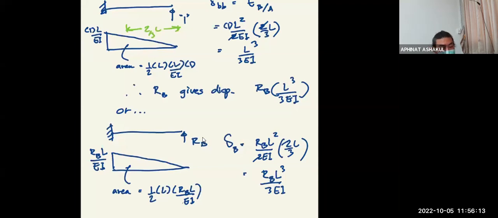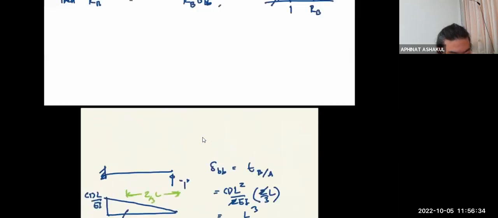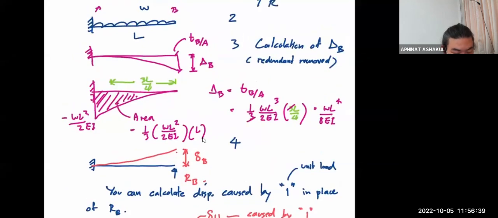Notice that in both cases we have RB in the equation. So from here, we can establish compatibility. And notice one more thing, I'm pretty casual with this because I know what it is. In the calculation of this displacement caused by this, the moment diagram is actually negative, so this value in fact has a negative value to it.